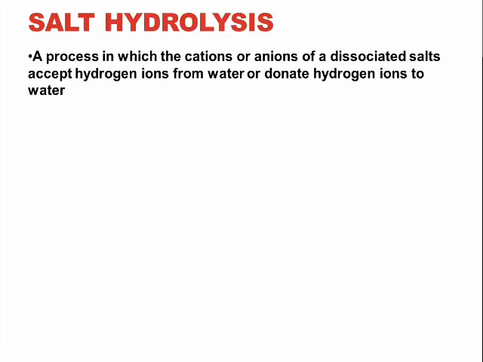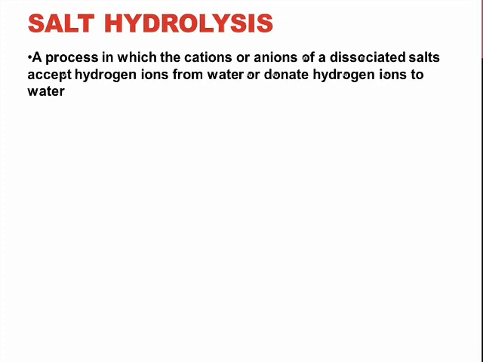Salt hydrolysis is the process in which cations or anions of dissociated salts accept hydrogen ions from water or donate hydrogen ions to water. So if they accept hydrogen ions from the water, there will be OH- in the liquid. If they donate hydrogen ions to the water, it'll be an H3O+ hydronium ion.